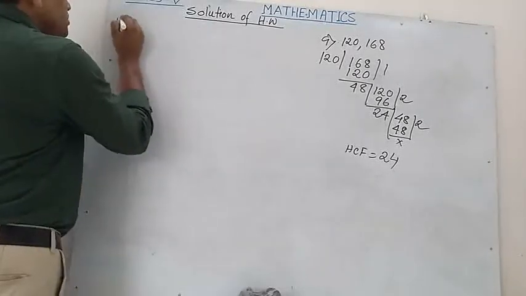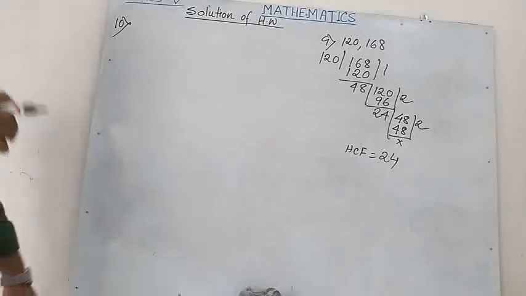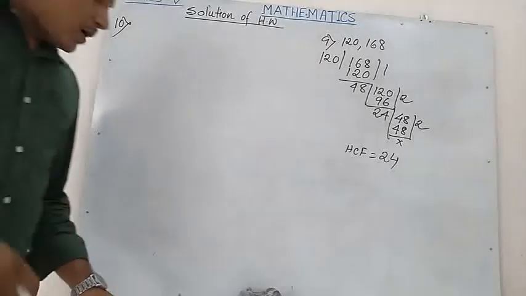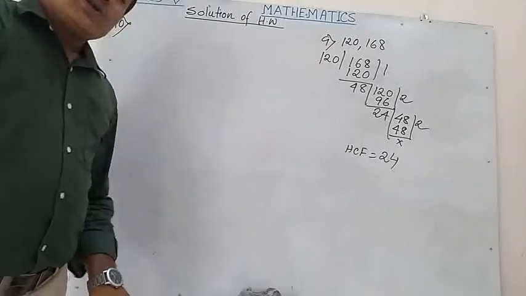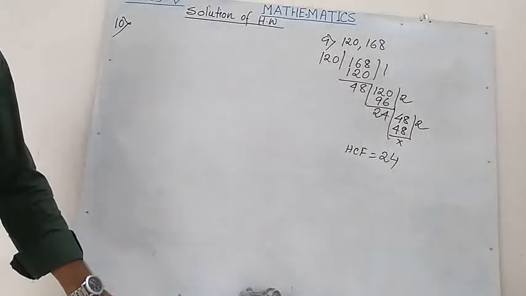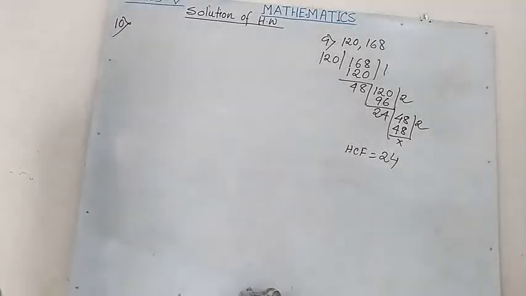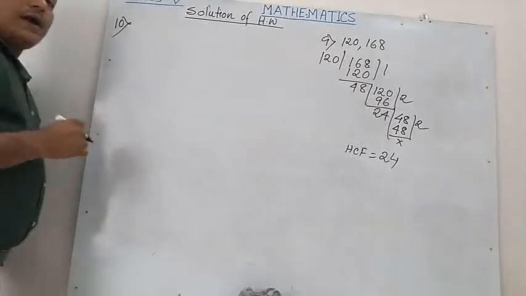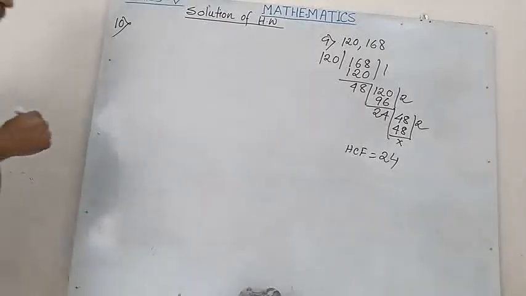So at first we have to find out which least number is divisible by 6, 14, 18 and 22. So we have to find out the LCM.